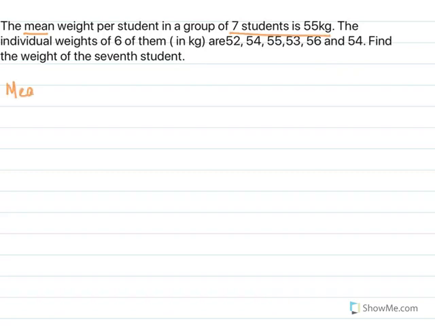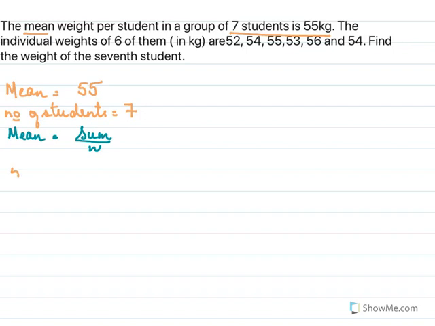The mean weight per student in a group of 7 students is 55. So mean equal to 55. Number of students equal to 7. So we know the mean and number of students. Let us find the sum. The formula for mean equal to sum over number of observations.